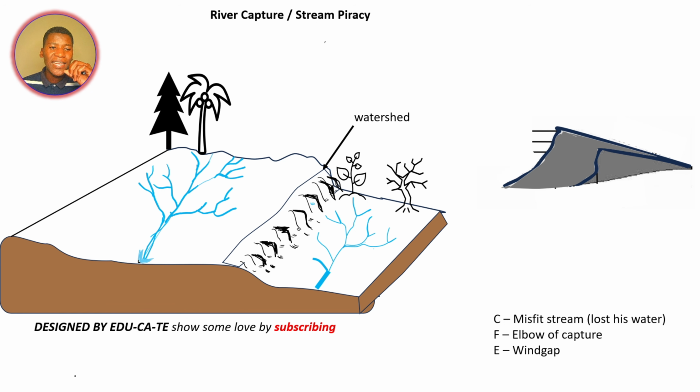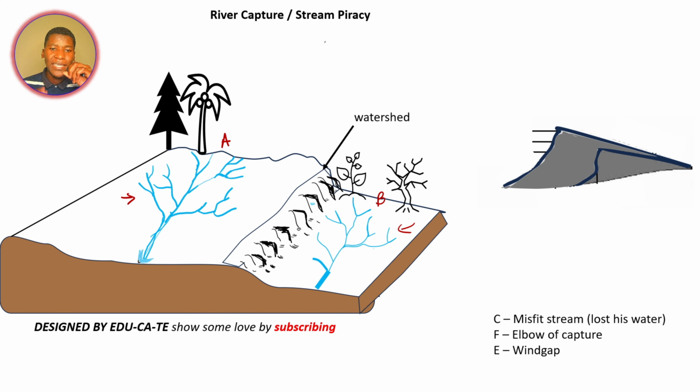So let us assume we have got two rivers in our scenario. We have got river A, and then we have got river B. So river A, it is the one that is here at a higher lying area, and then river B, it's a river at a lower lying area.